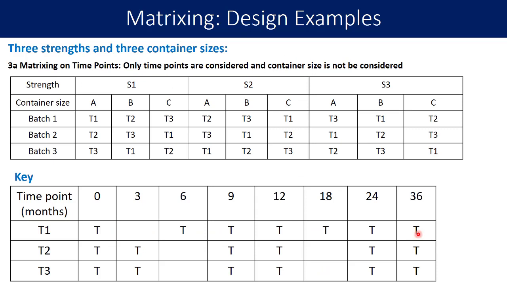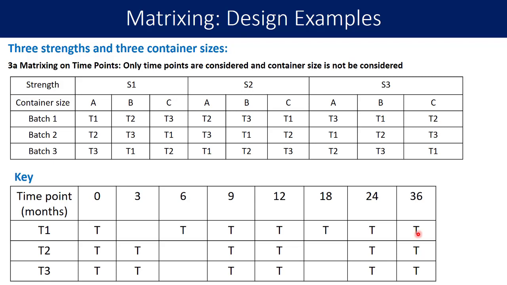Let us now take a little complex scenario where there are three different strengths and three different container sizes. Let us assume that you have a certain tablet with the label claim of 20 mg, 40 mg, and 80 mg. You got three different strengths. And let us assume that you are going to pack these three strengths into three different container sizes.